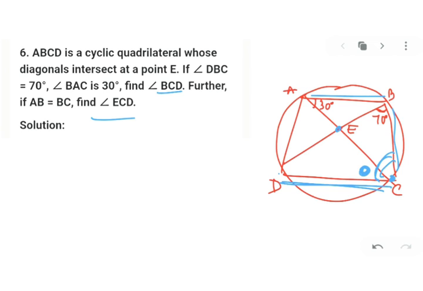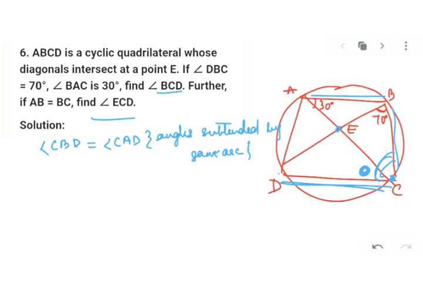So if I am considering chord CD, or you can say arc CD, we can say that angle CBD will be equal to angle CAD. Why? Because of angles subtended by the same arc or same chord. Are you getting my point?